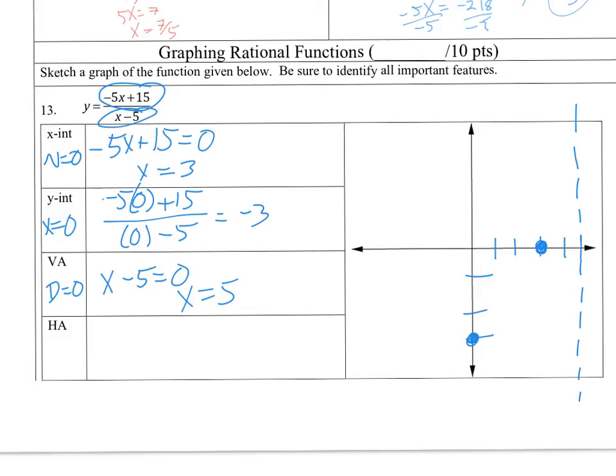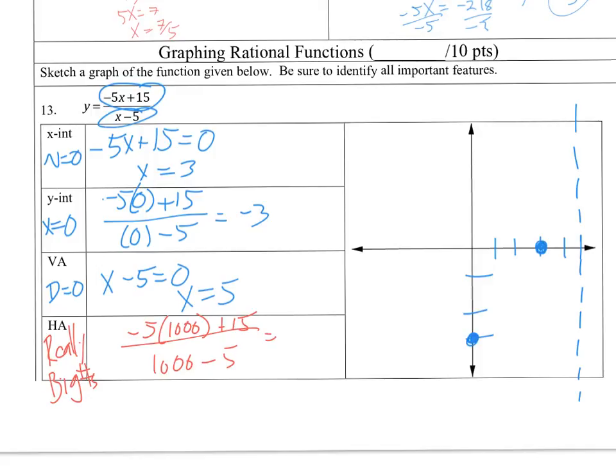And then in looking at the last piece, horizontal asymptote, I'm going to plug in some really big numbers. And if I plug in, I don't know, 1,000, I get -5 times 1,000 plus 15 over 1,000 minus 5.